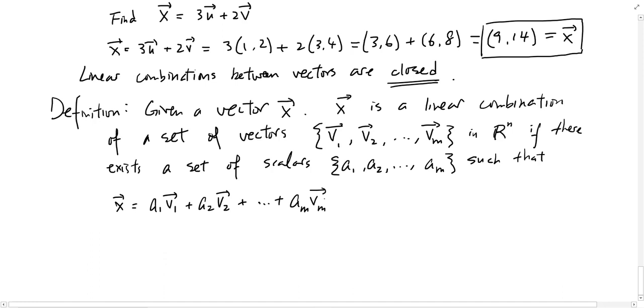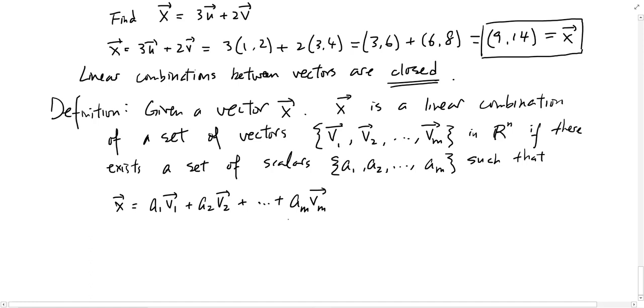So what this basically means is that in order for x to be a linear combination of the set of vectors v1, v2 to vm, you must be able to figure out how many of each one of these vectors from v1 to vm to add together to form x. So in this scenario, vectors v1, v2 to vm are like the building blocks that we use to form x, and a1, a2 to am are like how many of each one to use.